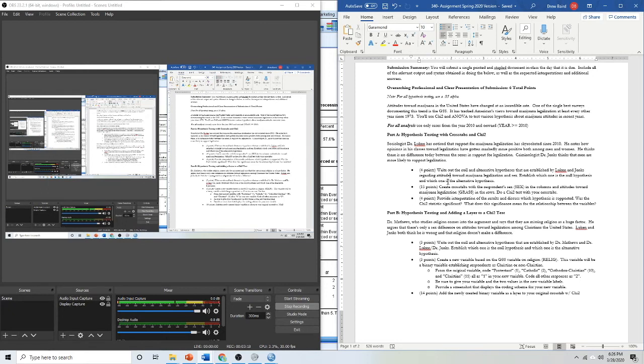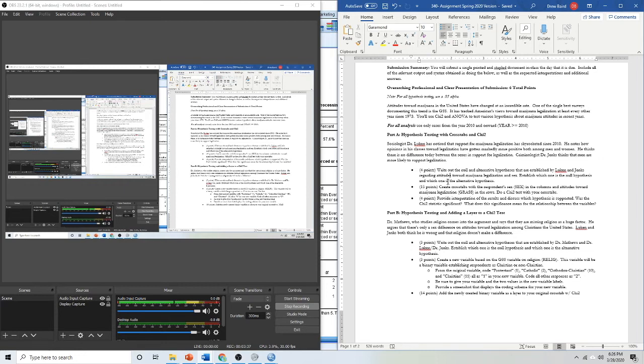Now, what you will be doing in Part B is adding religion on top of that, specifically a binary variable for whether somebody is Christian or not Christian. So for this Part B, you'll end up having 3 different chi-squares produced.